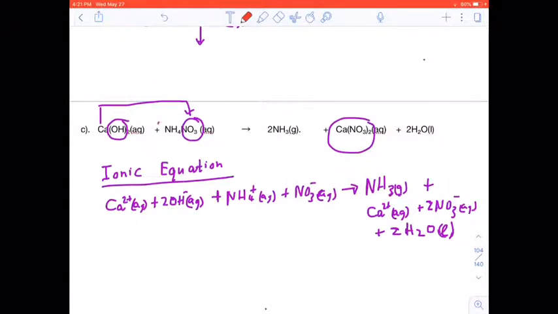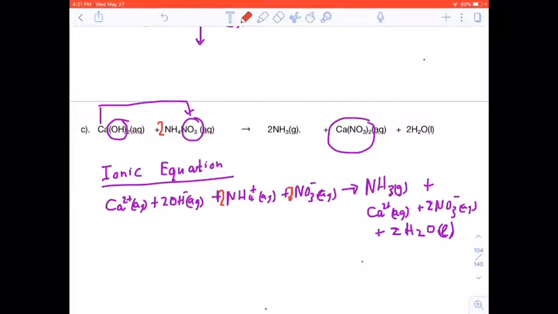Let's see, it has to be 2 there, right? And that would then give us the 2H2O, right? So that 2 needs to be balanced, which essentially means I have to have a 2 here, so it's 2, and it should give me 2 nitrate here, right?